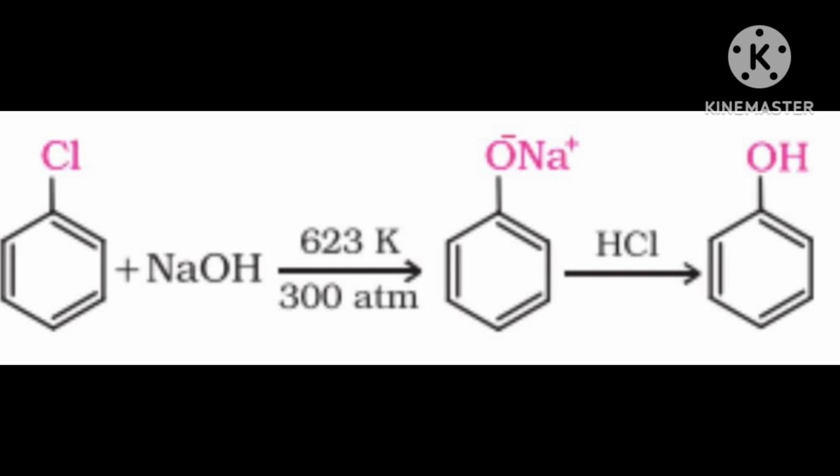Then on acidification, in the presence of HCl, it will give phenol, because Na from sodium phenoxide and Cl from HCl will go as NaCl, and H will go with O. Then O became OH, because Na went as Na plus.